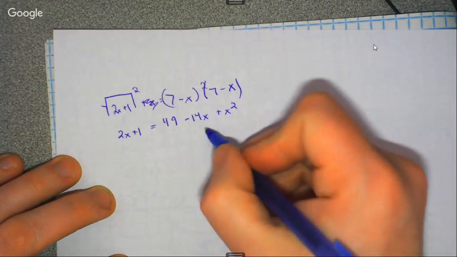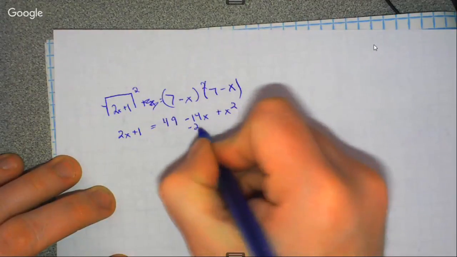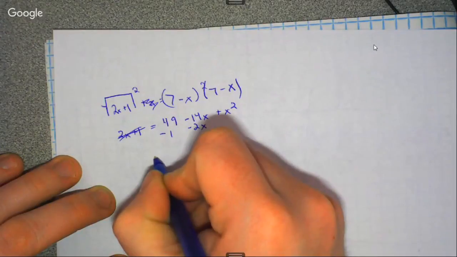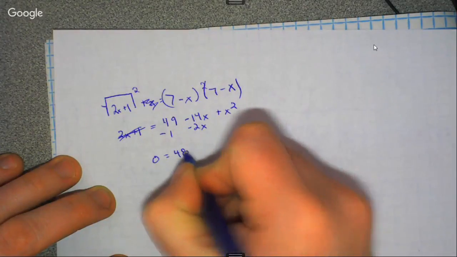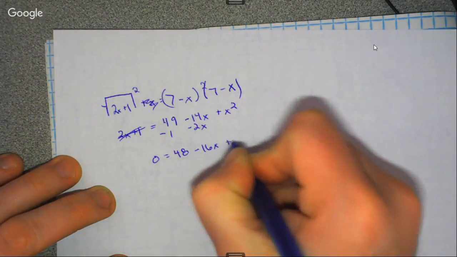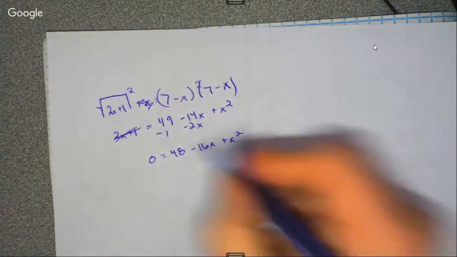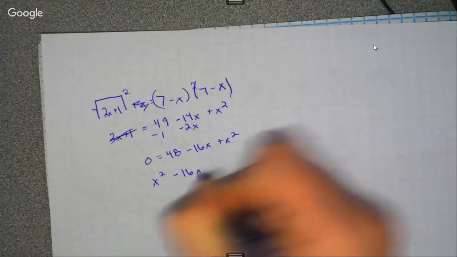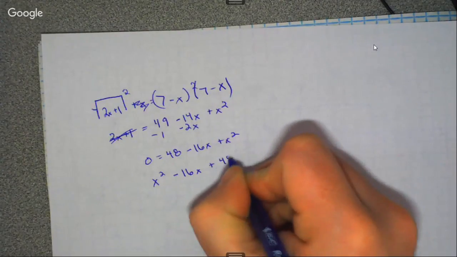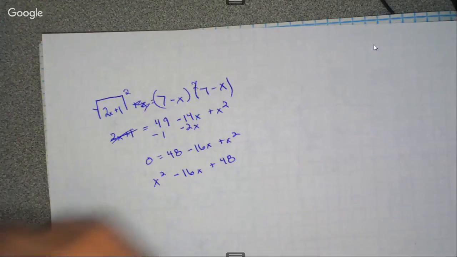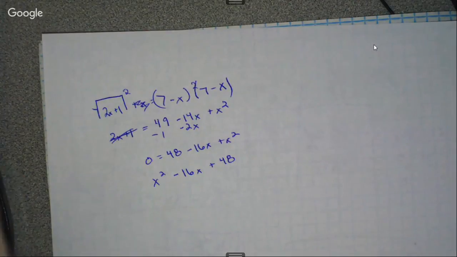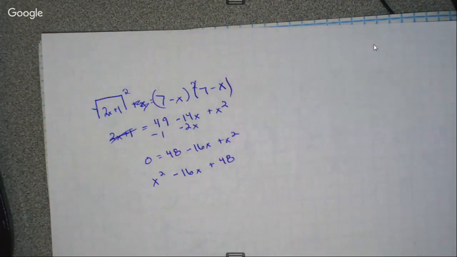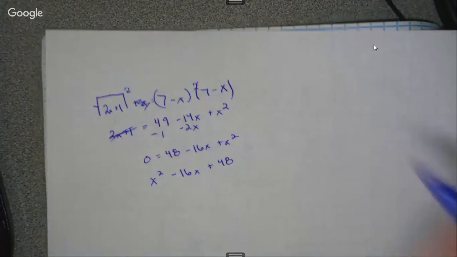Again, we have a quadratic, so we'll move everything to the other side. So we have 0 equals 48 minus 16x plus x squared. So I'll just rearrange it so it looks a little bit better. Okay, so there we go. So now we need to find factors of 48 that add to 16. Now, if finding factors is something you have difficulty with, just start making a list.